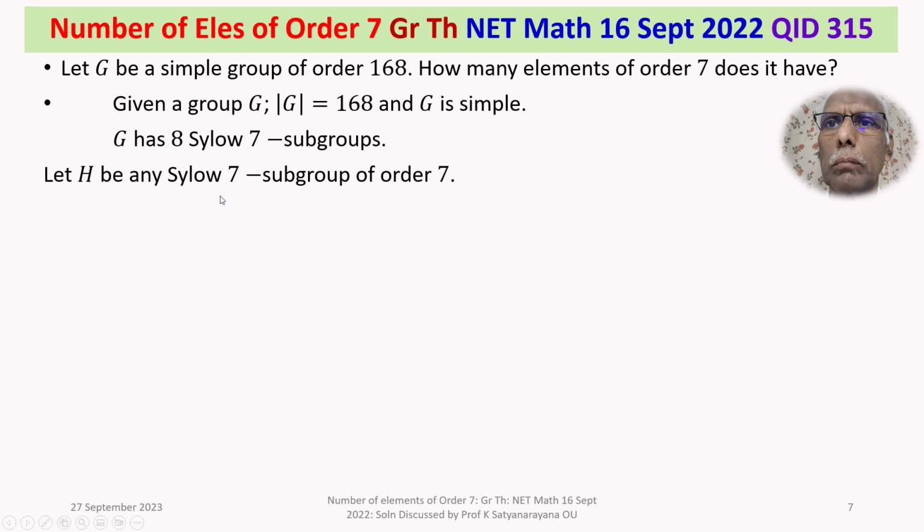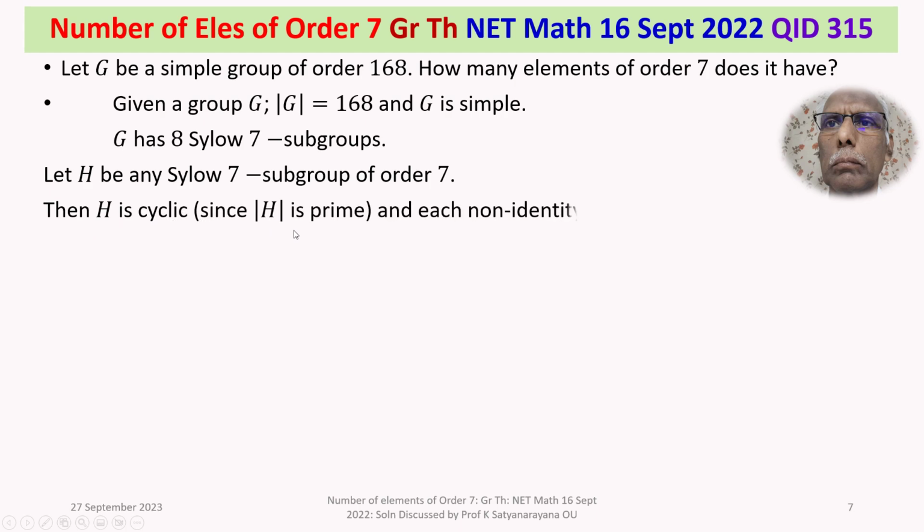When H is cyclic, it is generated by a single element. Then, except the identity element, all other elements of H are of order 7 because 7 is prime. Further, note that except the identity element, every other element is of order 7.